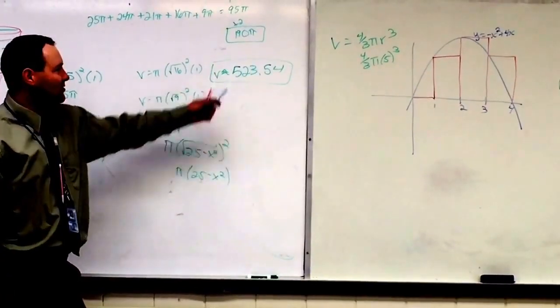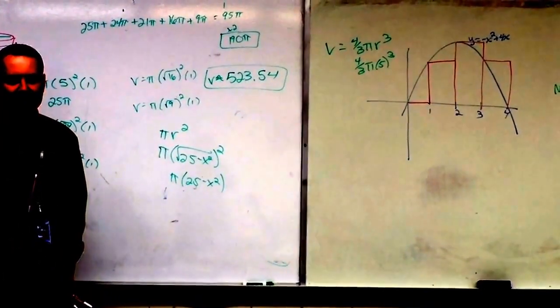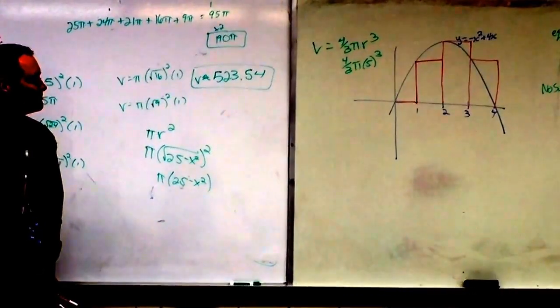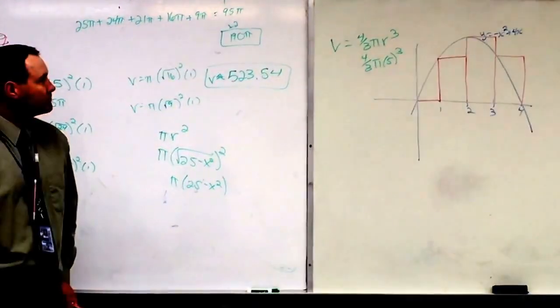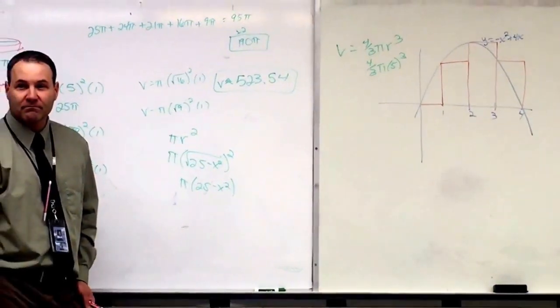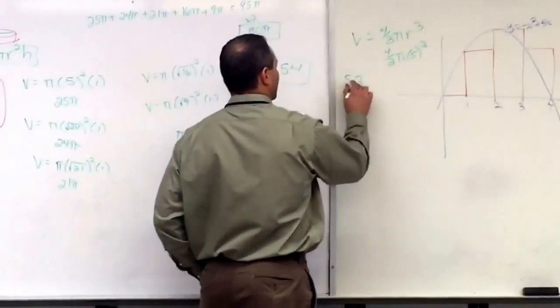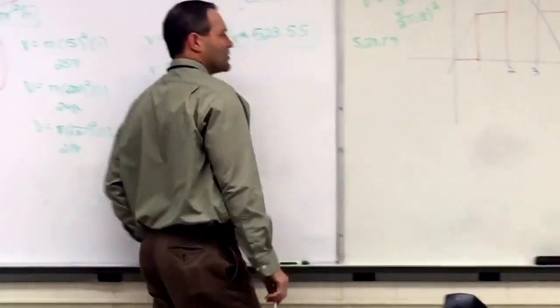Give me a decimal. I'd be curious to see how close we got. 523.5987756. That's pretty close, huh?